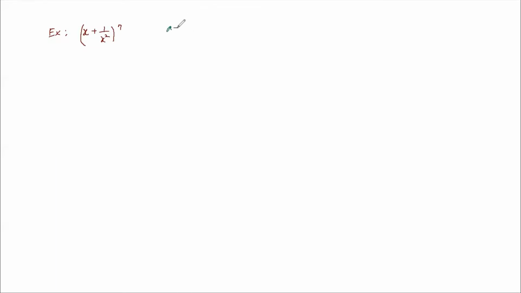So a plus b power n equal to nC0 a^(n minus 0) b power 0, plus nC1 a^(n minus 1) b power 1, plus nC2 a^(n minus 2) b power 2, plus nC3 a^(n minus 3) b power 3, and plus until the last term, which is nCn a^(n minus n) b power n.